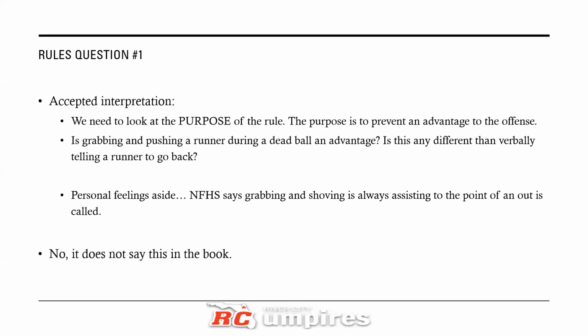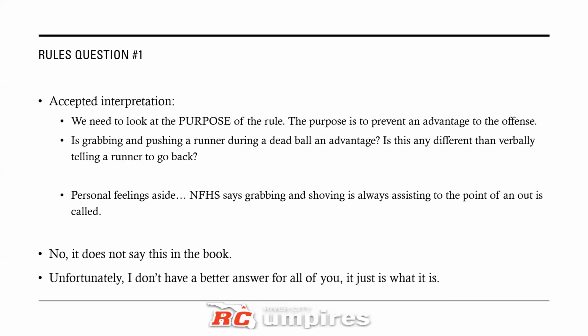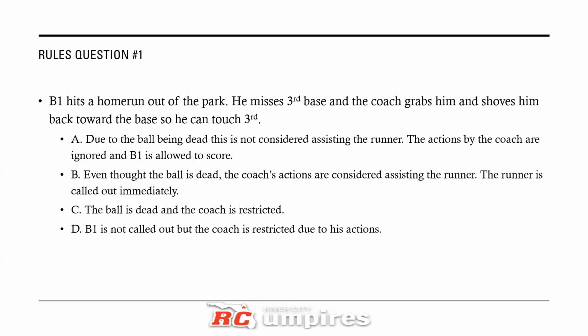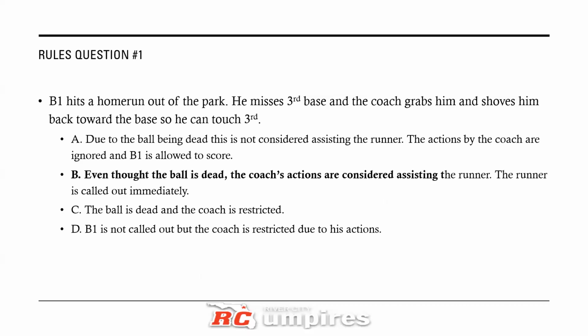I don't really have an explanation for it. What other types of assistance? I don't know, because it's not in the book. Okay. The correct answer on this was B. Even though the ball is dead, the coach's actions are considered assisting the runner and the runner is called out immediately.